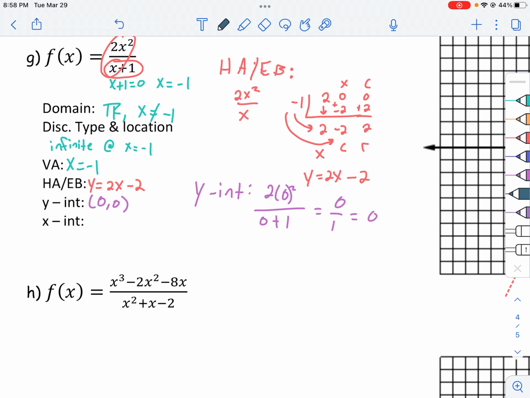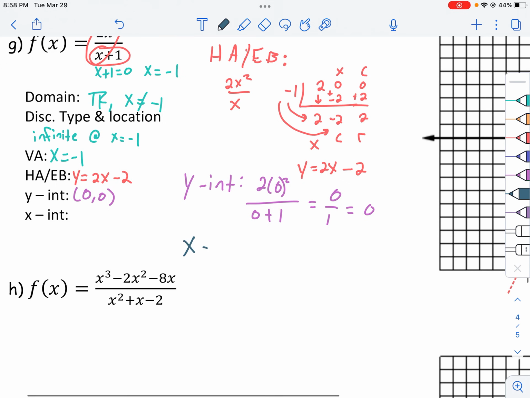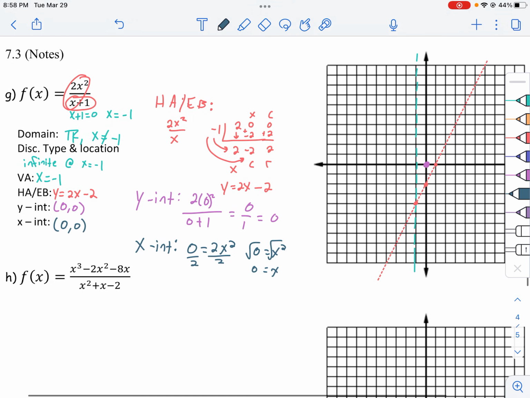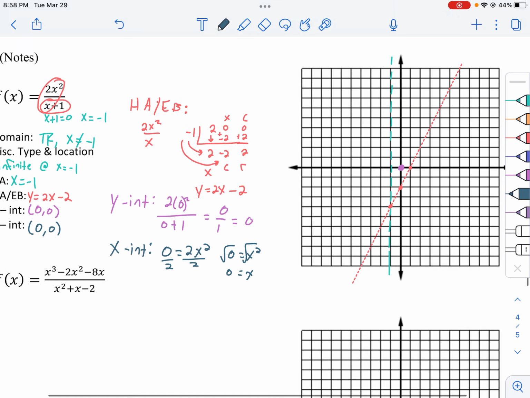For the x-intercept, you always set the top equal to 0, so 0 equals 2x squared. Divide by 2. So 0 equals x squared, square root, 0 equals x, which makes sense, right? The x-intercept should be at the origin as well, because the origin is also an x-intercept.